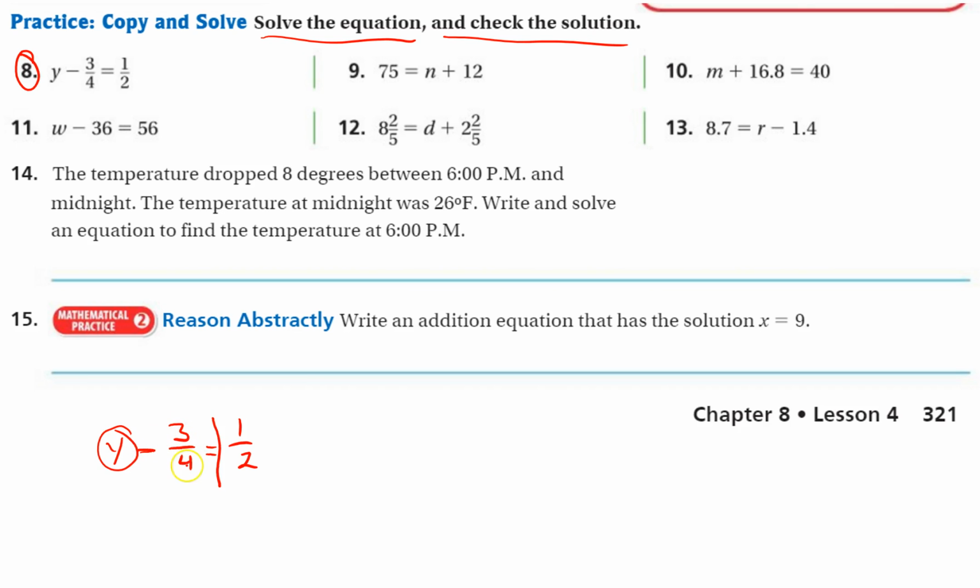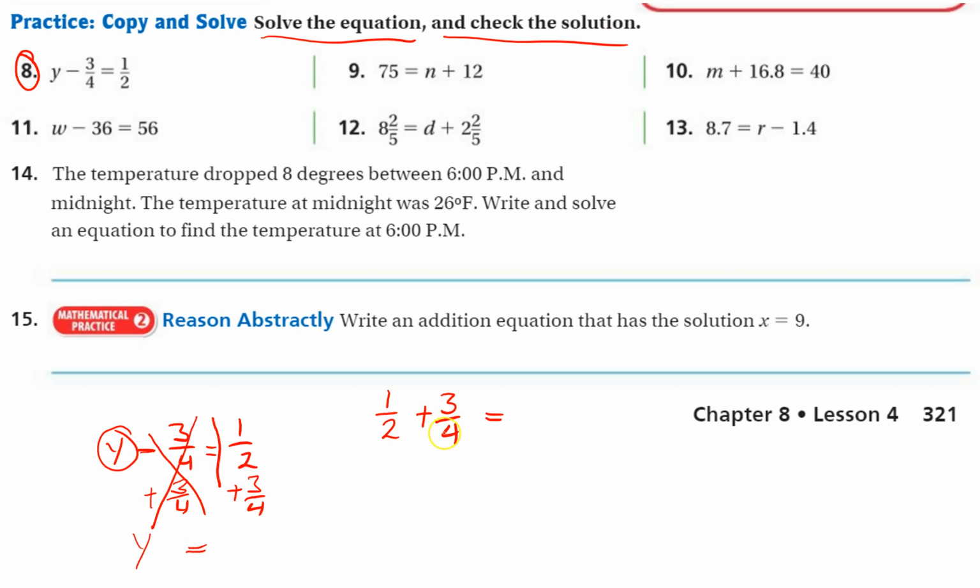The opposite of minus 3/4 would be plus 3/4, positive 3/4. That cancels that out, leaving you with just a y over here. And I still have my equal sign. Now, since I added 3/4 on this side, I need to also add 3/4 to the other side. Okay. So now I'm left with 1/2 plus 3/4.